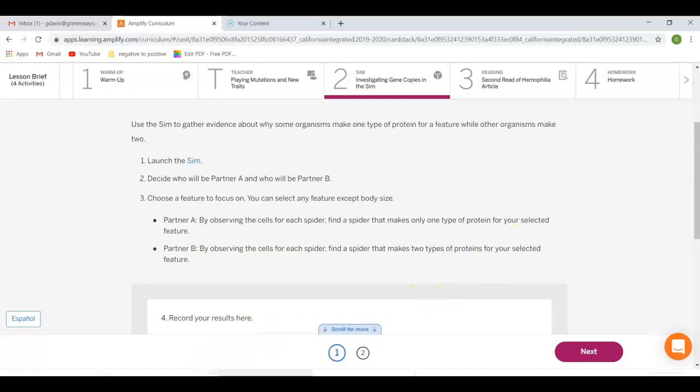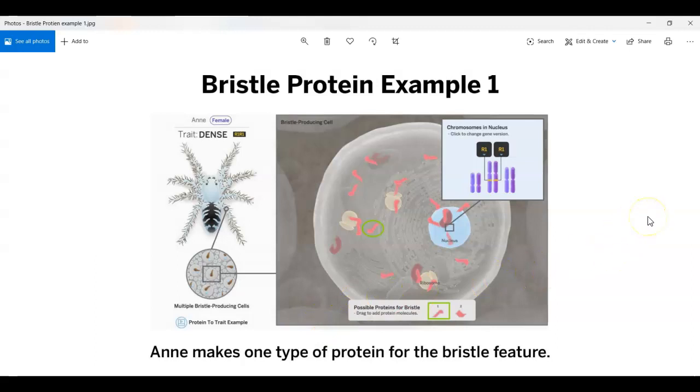So we're going to look at this protein right here, and then we're talking about the bristles. So the bristle protein in example 1, this is our spider Annie. She makes one type of protein for the bristle feature. So you can see in her alleles, you see this little circle, and remember we've worked with these quite a bit, so remember the purple one is already there, and then she's producing these pink ones, so they show up.